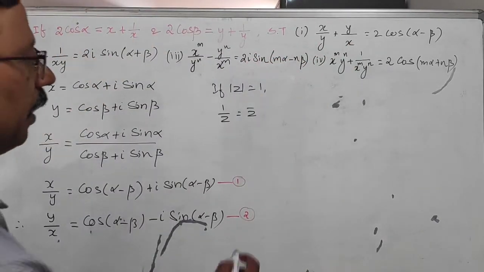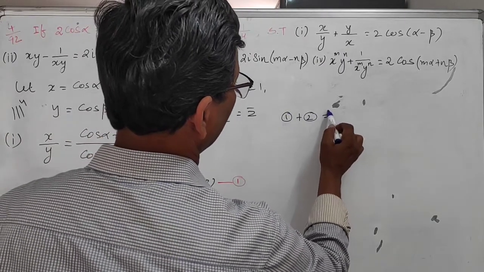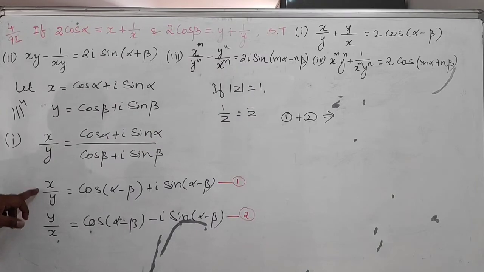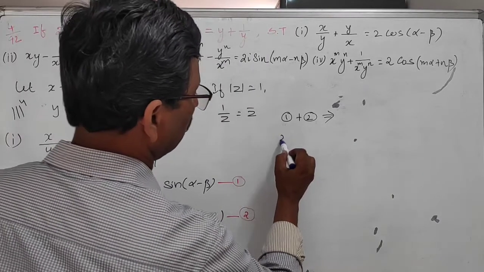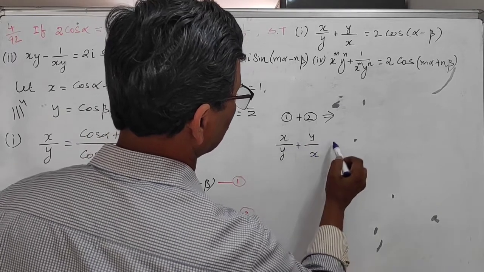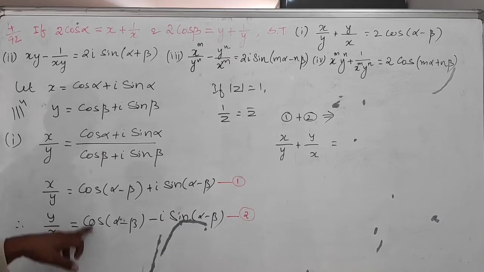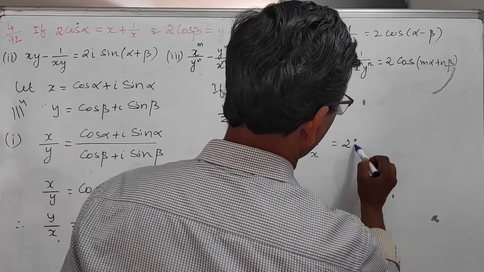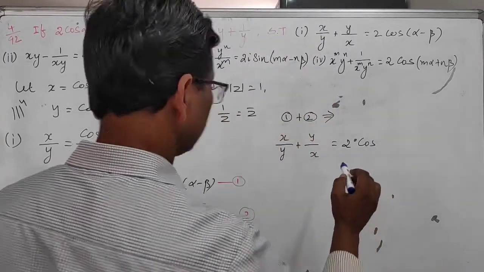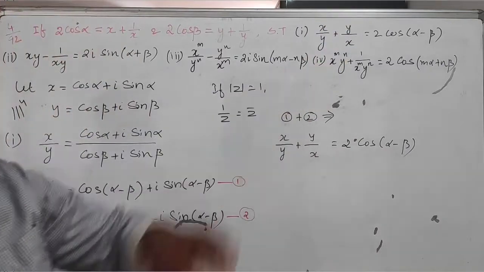Therefore, 1 plus 2 gives, on the left hand side, x by y plus y by x, which is equal to 2 times the real part, as the imaginary parts get cancelled. 2 times the real part means 2 times cos of alpha minus beta. That is the first result we have proved.